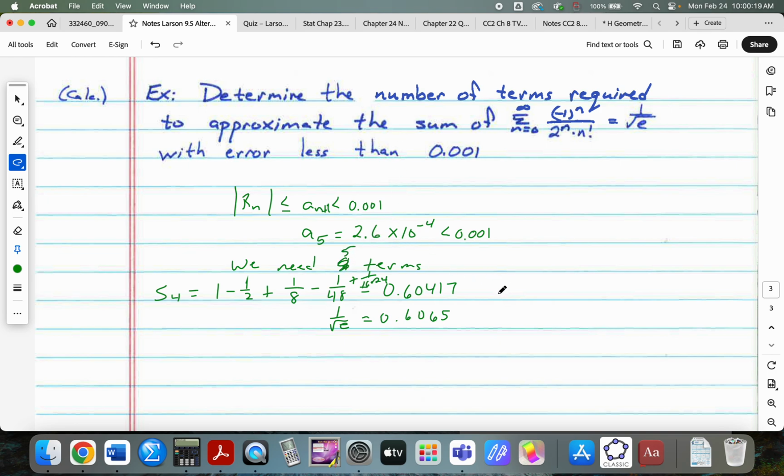So we actually need 5 terms. We need through n equals 4, and it started at n is equal to 0. Sorry, that threw me off. This comes out to be 0.6068. And you can see now that that's less than 1/1000th off.